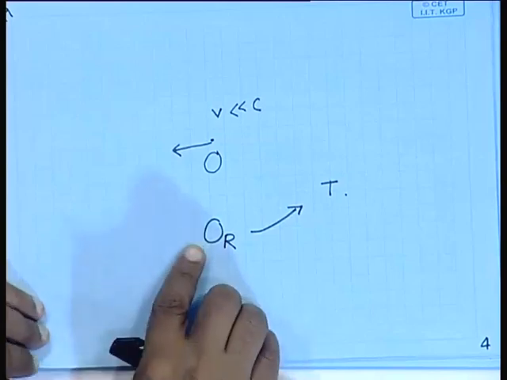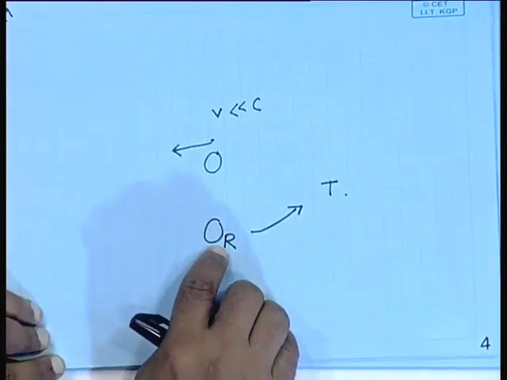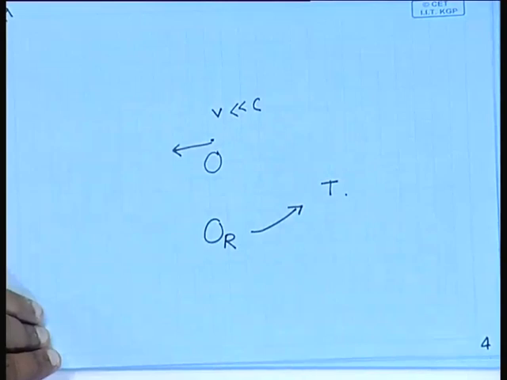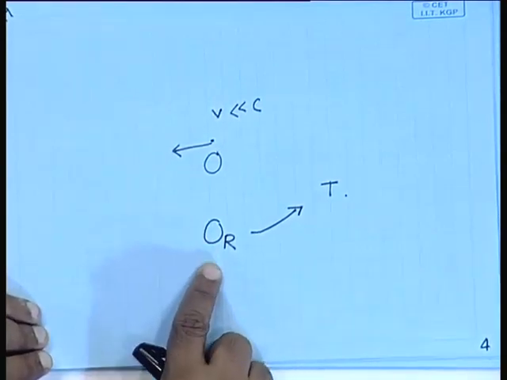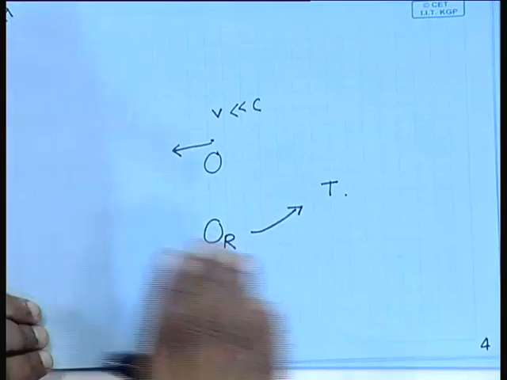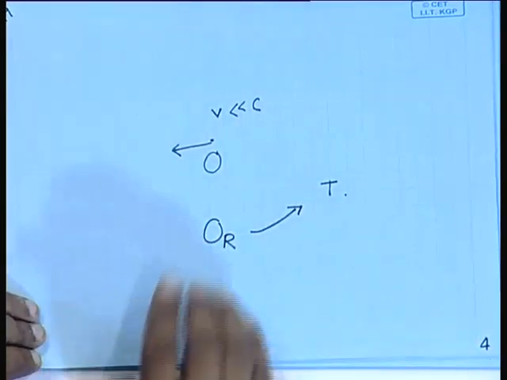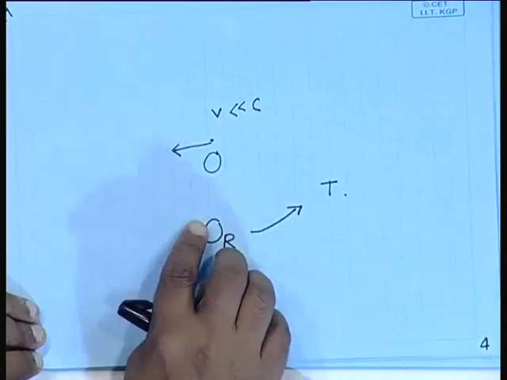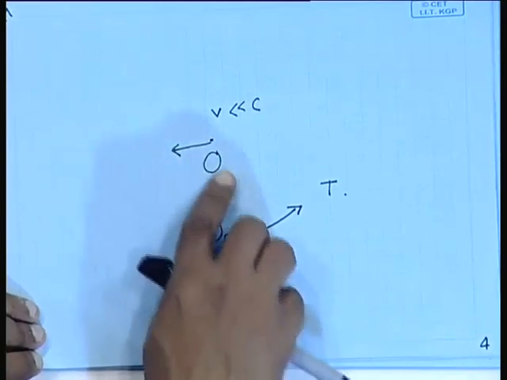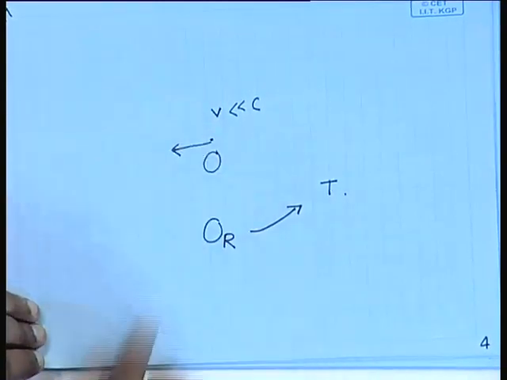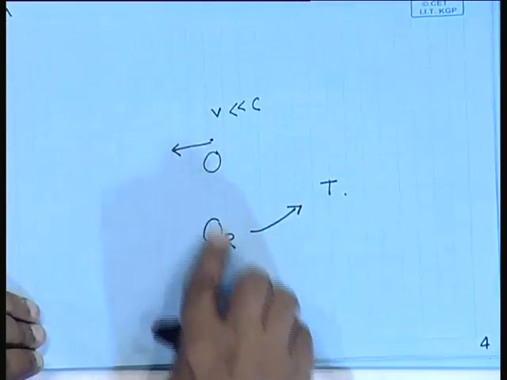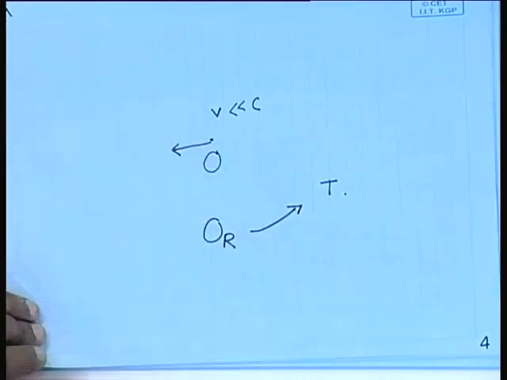So, there is an observer here, O_R, with respect to whom the CMBR is isotropic. So, this observer sees a thermal distribution. Now, there is another observer O, moving at a velocity v with respect to the CMBR, and I had asked you to work out the spectrum that this moving observer would see.